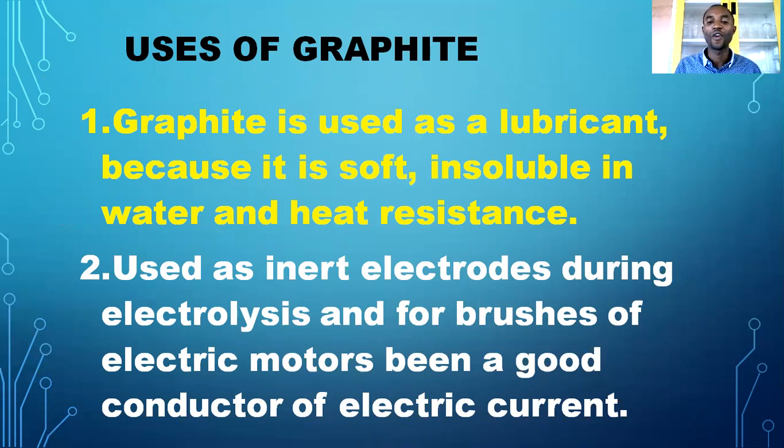That is why sometimes you hear carbon electrode. That carbon electrode that you hear, maybe when having an electrolysis of acidified water, or dilute tetraoxosulphate(VI) acid, or concentrated sodium chloride, is when carbon exists as graphite. It's the graphite that is actually the carbon that you hear about. We use it in electrolysis as an electrode.